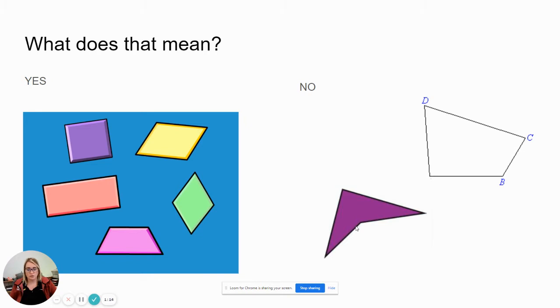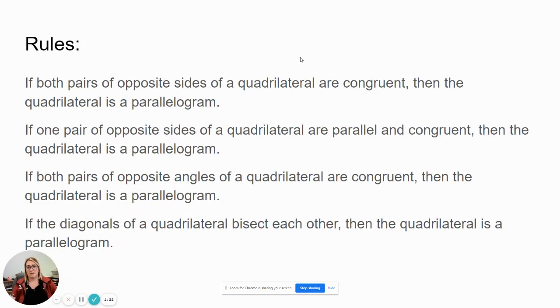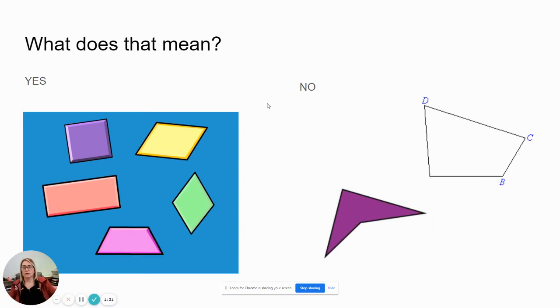These are also quadrilaterals because they have four sides, 1, 2, 3, 4, but they do not meet the requirements of having opposite sides congruent and opposite sides parallel. Those things have to be true in order for us to prove that something is a parallelogram. So if you ever see a quadrilateral like this, you automatically know there's no way it will ever be a parallelogram.